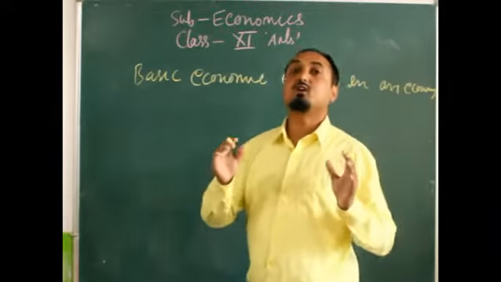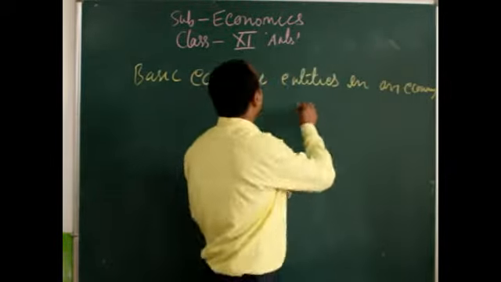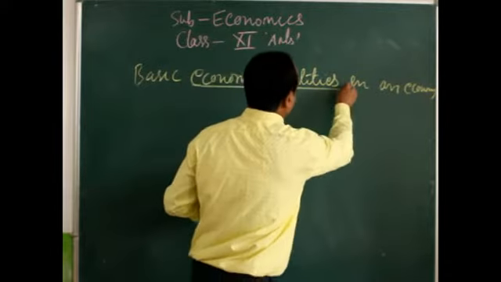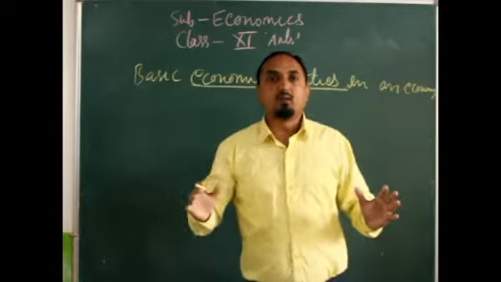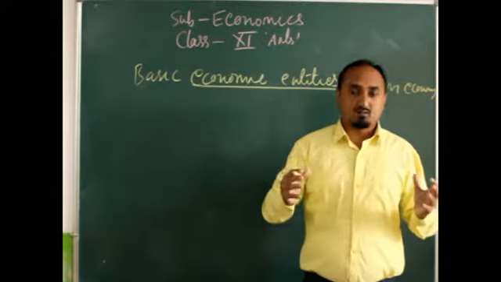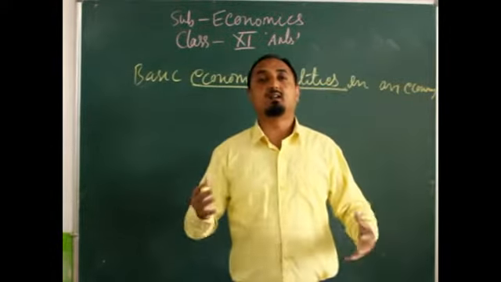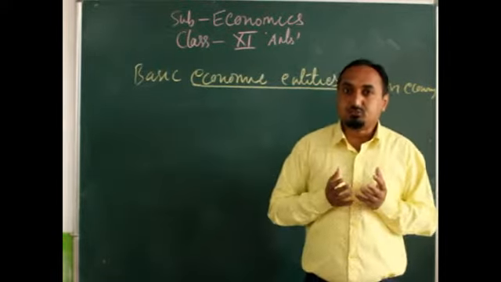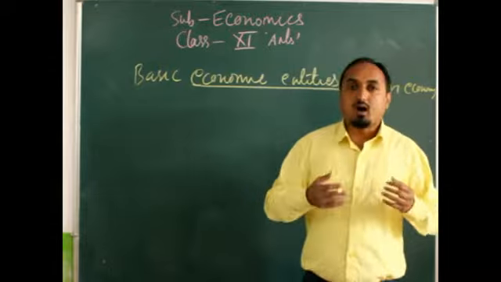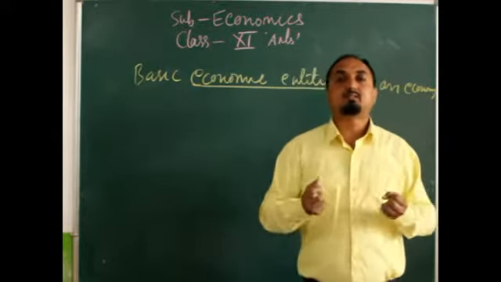So basic economic entities. Here you have to understand the meaning of economic entities. We know that in an economy, different individuals engage themselves in different types of economic activities. As consumers, as households, we are busy consuming various types of goods and services.